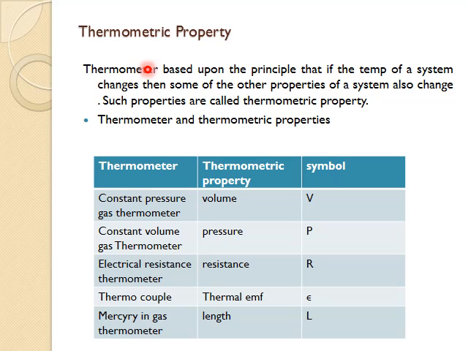So when you supply some amount of heat, there will be a change in the physical properties of the particular system. Those changes in physical properties due to the addition of heat will be utilized to measure the temperature. For example, consider a body.